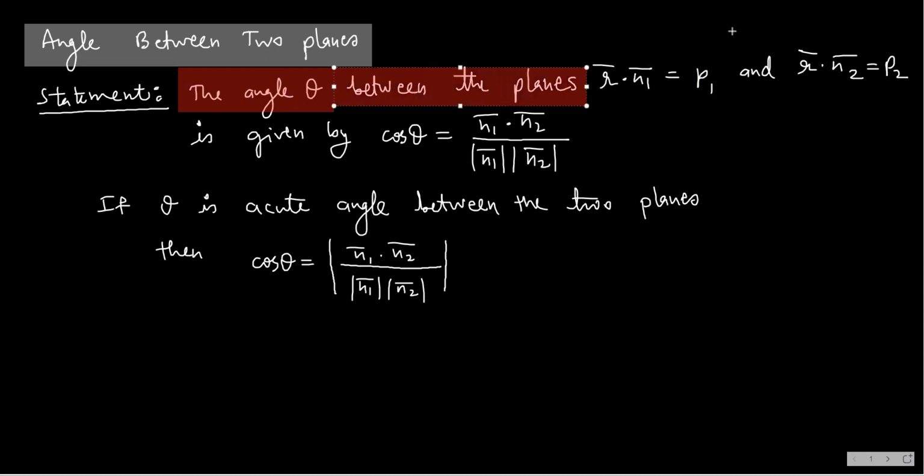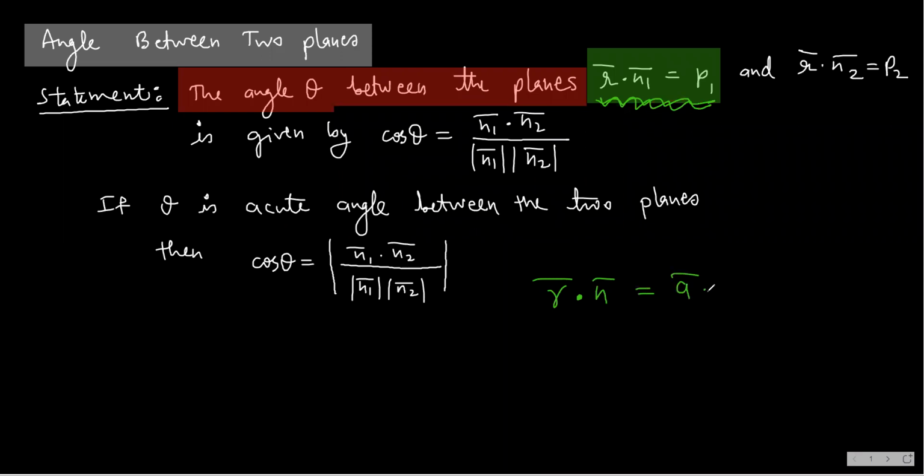The first plane here is r bar dot n1 bar equals p1. You know, the equation of a plane will always come in this form: r bar dot n bar equals a bar dot n bar, right? Where n bar is the normal to the plane.